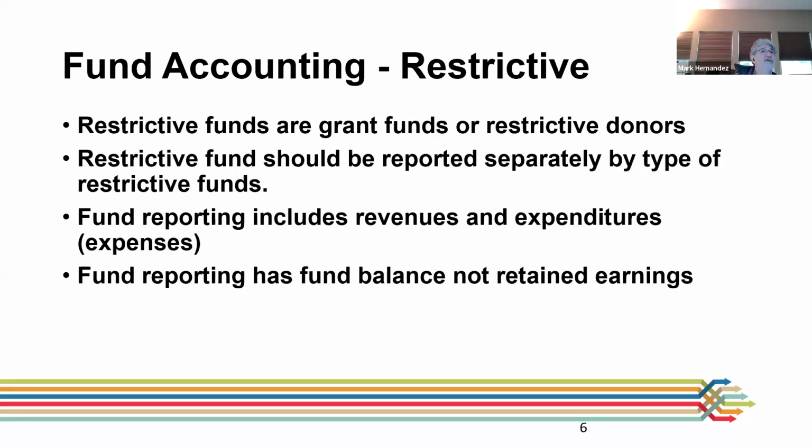Now restricted funds are typically more grant related or things that are restricted in nature. It could be a restrictive donor. An example might be a nonprofit hospital where a donor provides $1.5 million and it's restricted to building a specific wing of the hospital, let's say for heart surgery or other things like that.